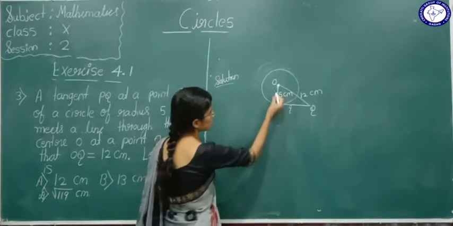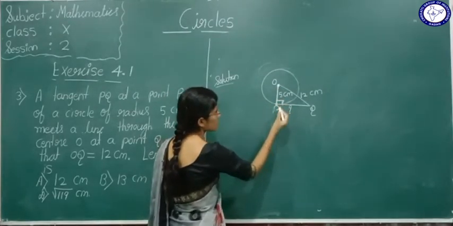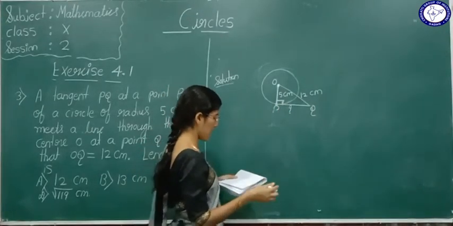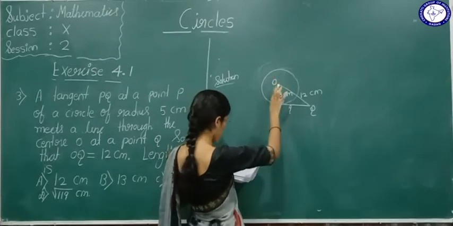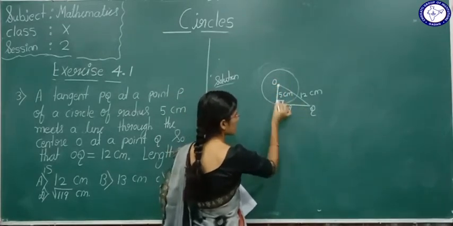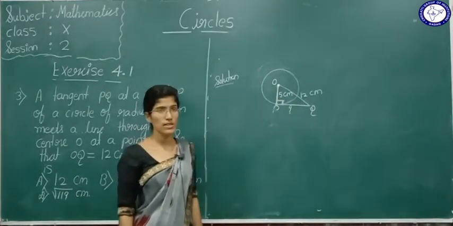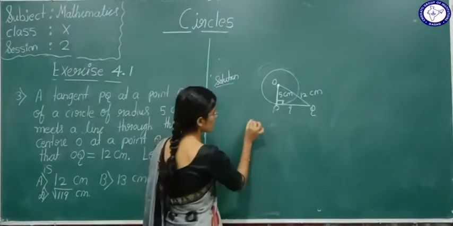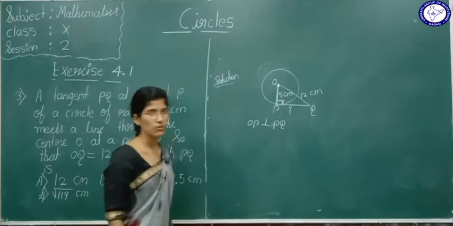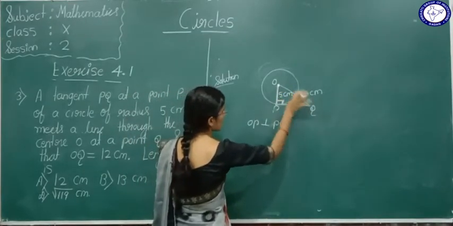See here, what can we tell? This is nothing but 90 degrees. Yes or no? So what is the reason? We know that the line drawn from the center of the circle to the tangent is going to form a 90 degree. We have proved the theorem also. So we know that OP is perpendicular to PQ.